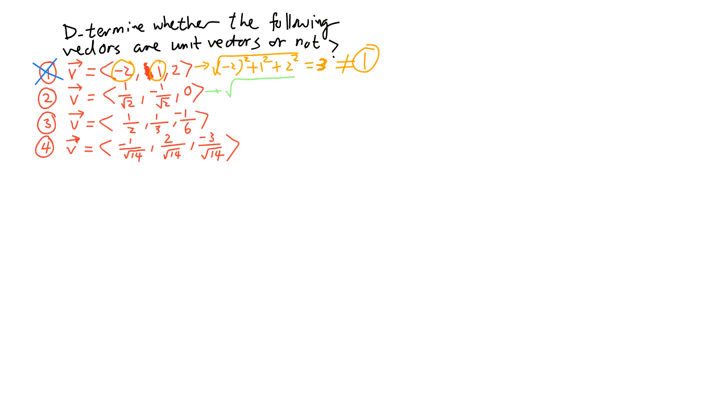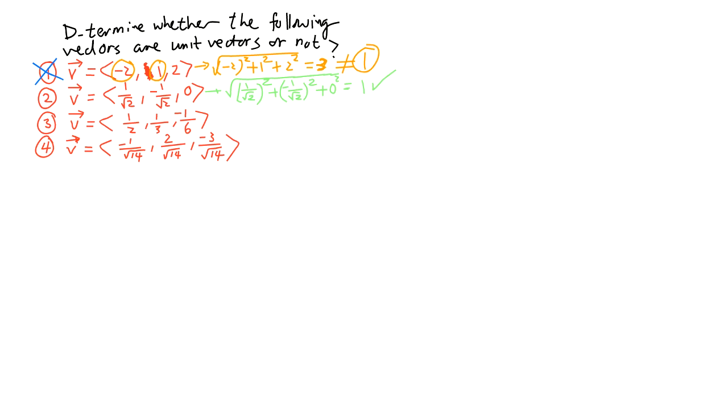The norm of the second vector is 1 over radical 2 squared plus minus 1 over radical 2 squared plus 0 squared. 1 over radical 2 squared is half, plus half, plus 0. 1/2 plus 1/2 is 1.